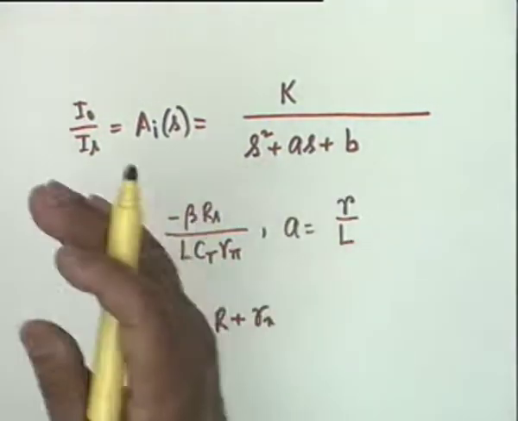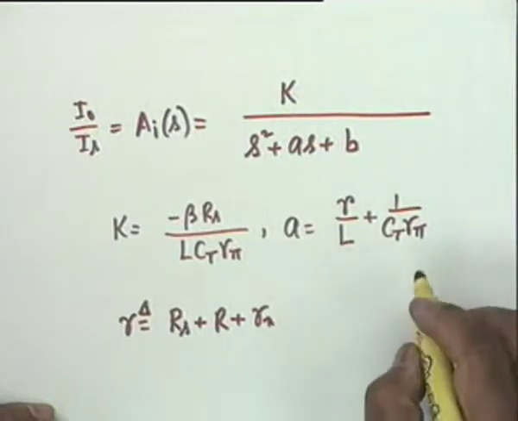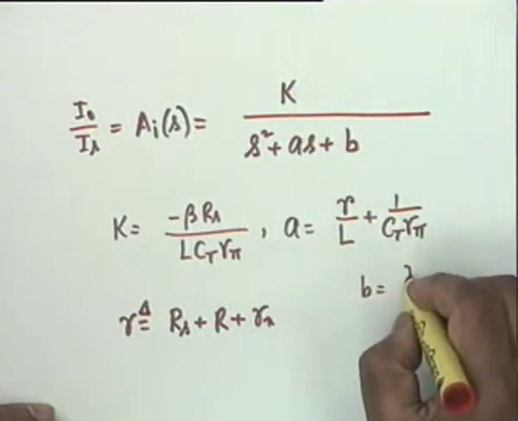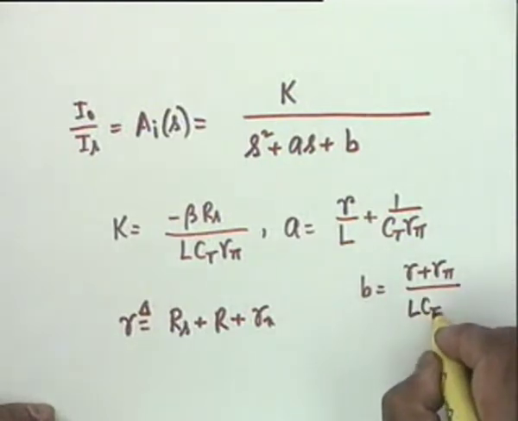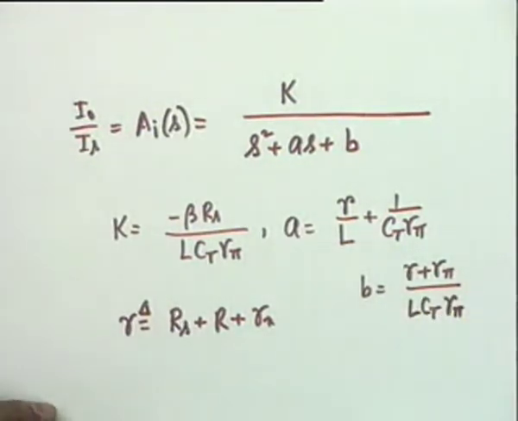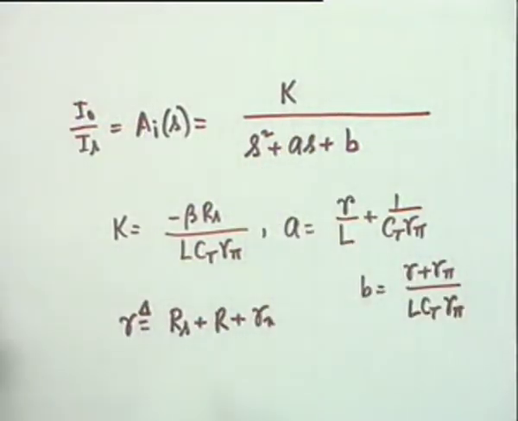They all come in series, so you can combine them. Plus 1 over Ct R pi, and B is equal to R plus R pi divided by L Ct R pi. The current gain is an expression K by S squared plus As plus B.